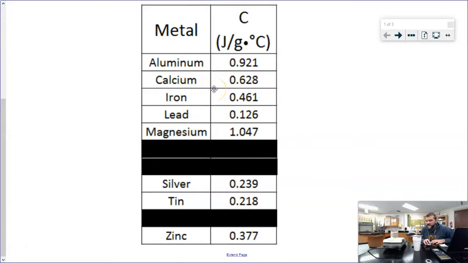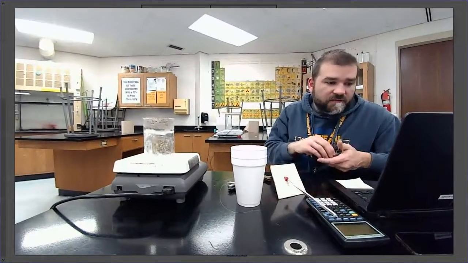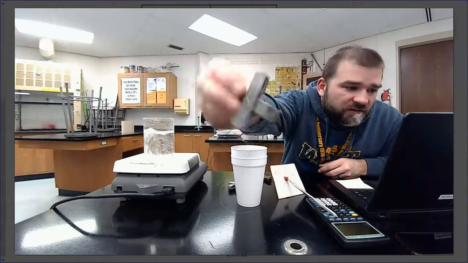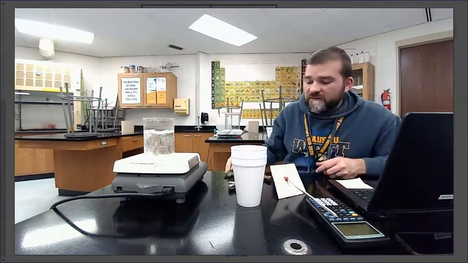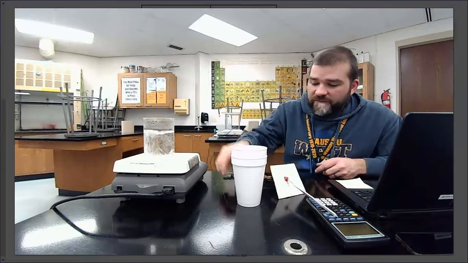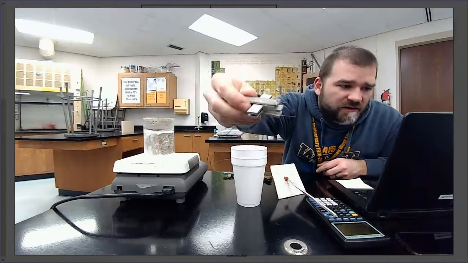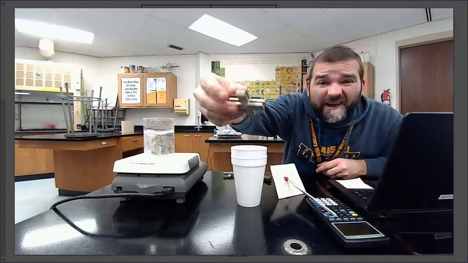All right. So you can also use your context clues, right? What I'm trying to say there is I'm telling you this first one is really, really dense. It's a grayish silver, and it's really, really heavy, okay? The second one is a shinier silver and really light, actually, for a metal.